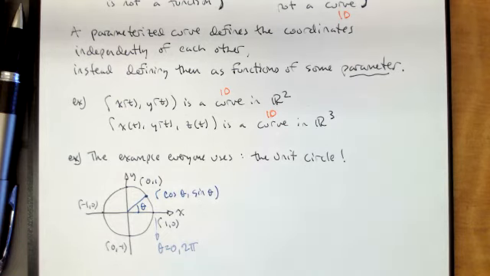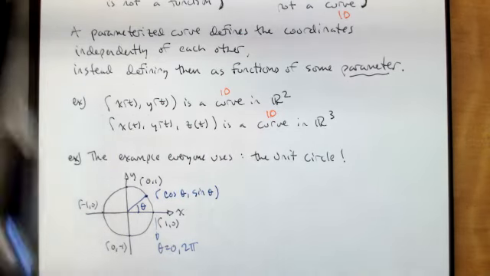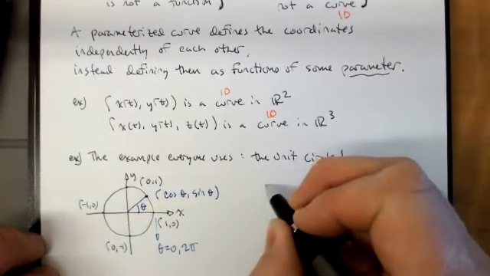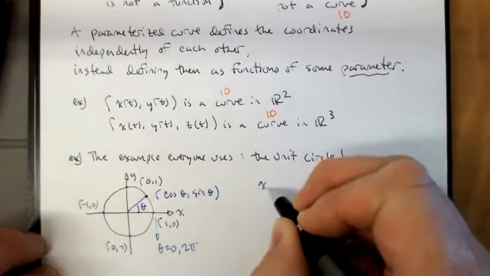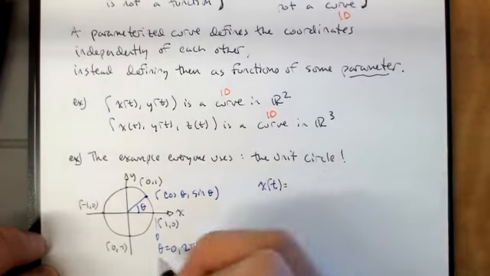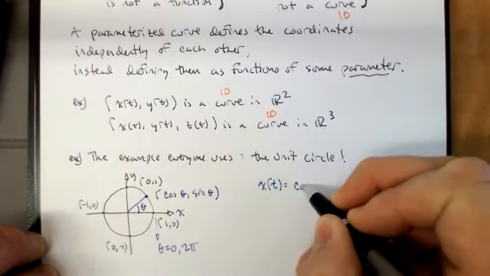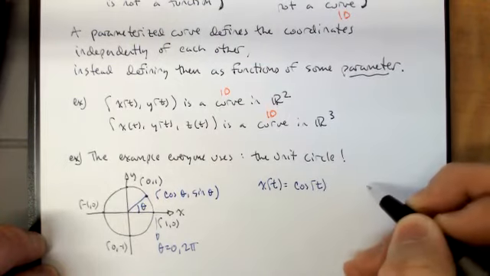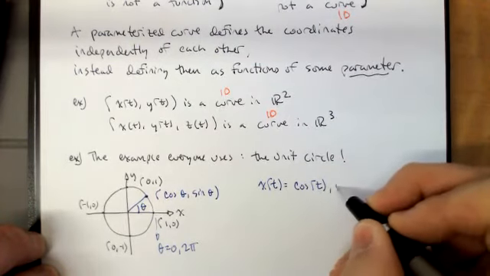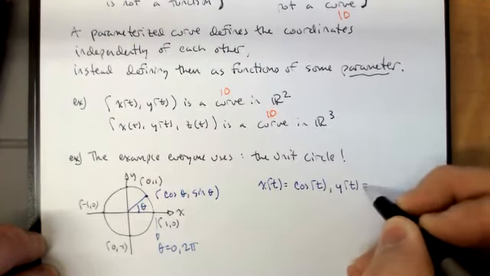So we can describe the unit circle, instead of using the equation x squared plus y squared equals 1, with these parameters. So I could say x of t, I switched from theta to t. Oh well. x of t is cosine of t, y of t is sine t.